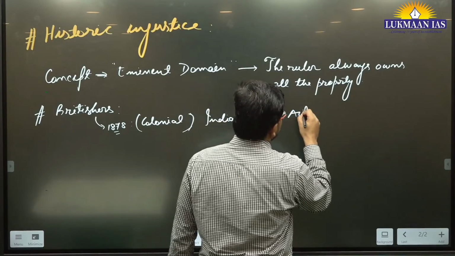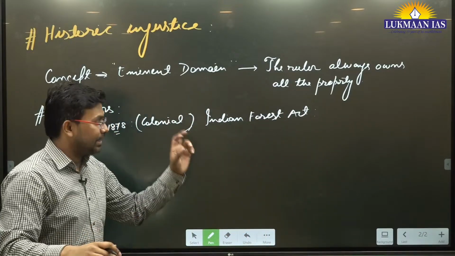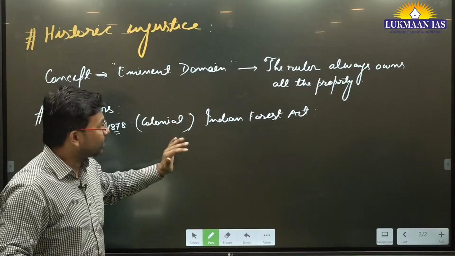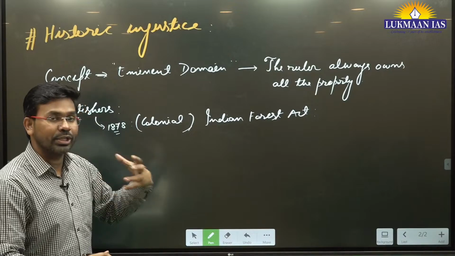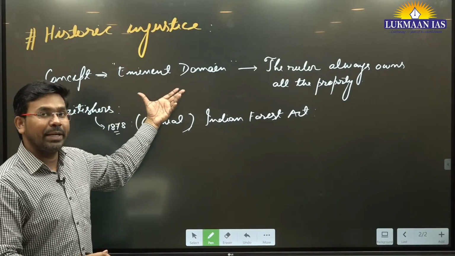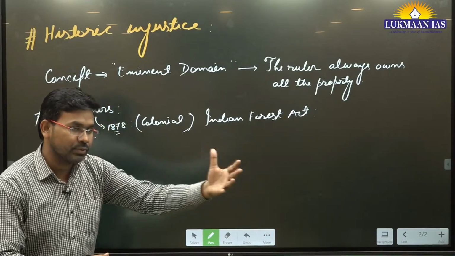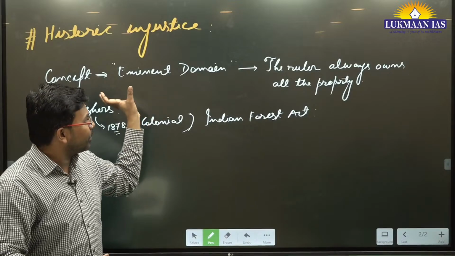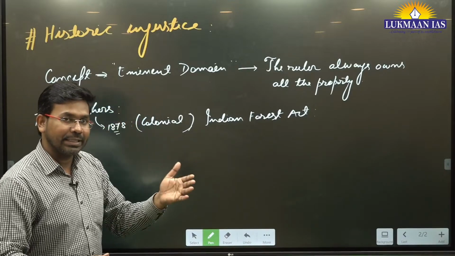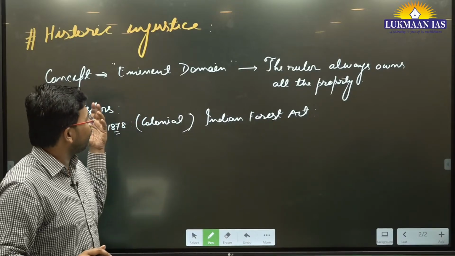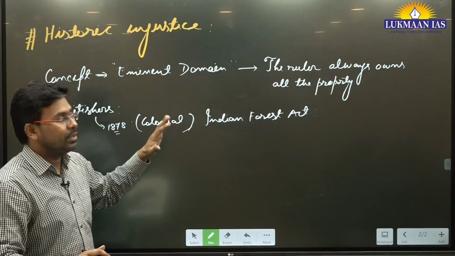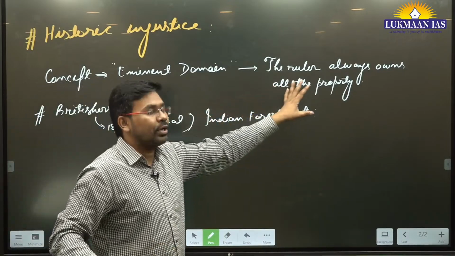This Indian Forest Act essentially gave the titular right, or the ownership right, of the forest to the eminent domain. It means all the forests were to be administered in the name of the queen. Eminent domain means the ruler was the head or owner of all the property.